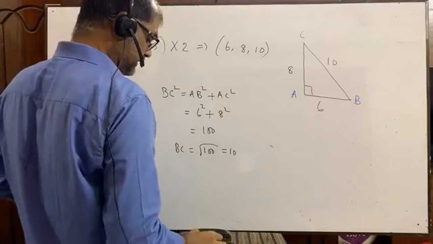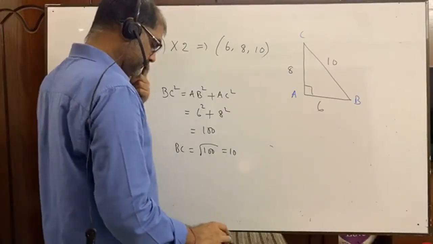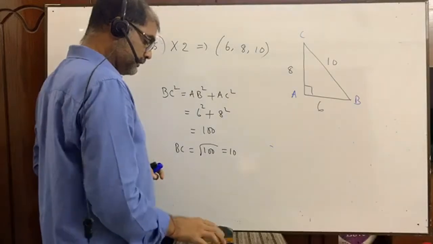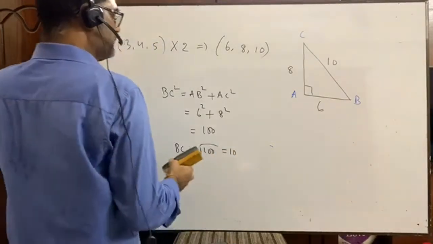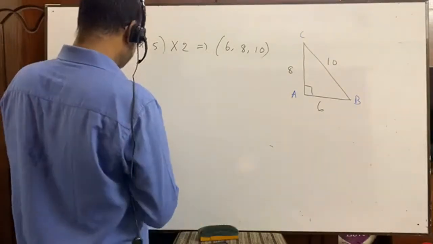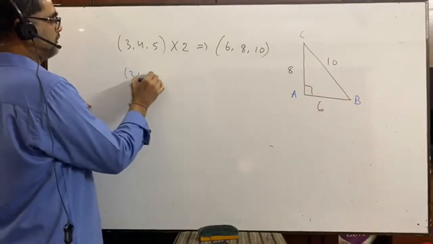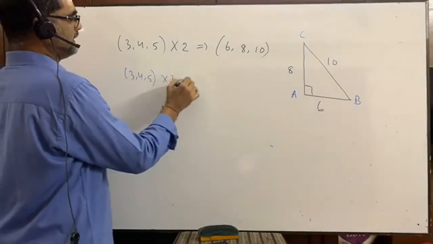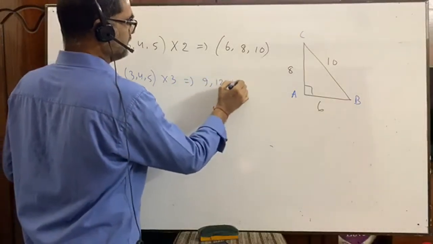Again we can see the math like this. If we multiply this 3 4 5 by 3, then we get 9, 12 and 15.